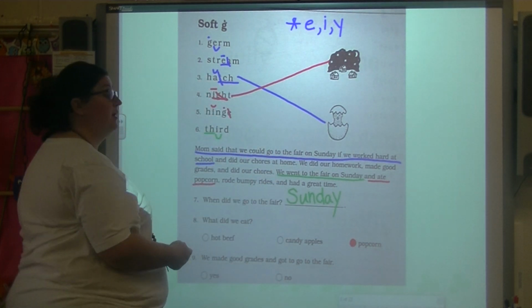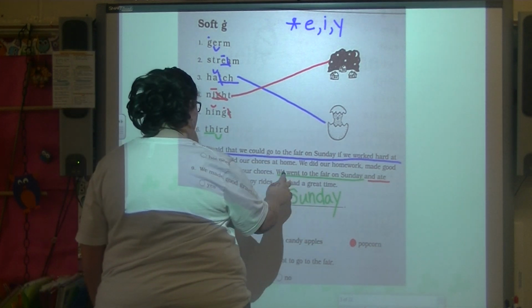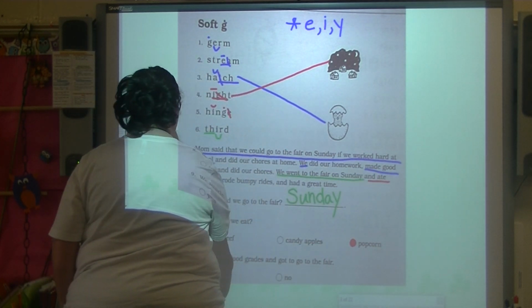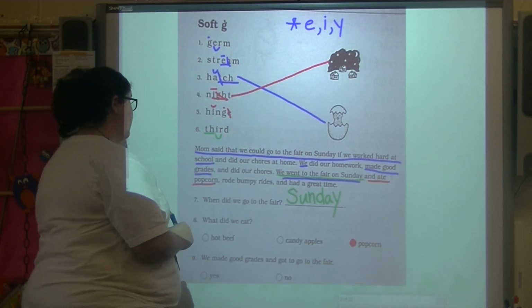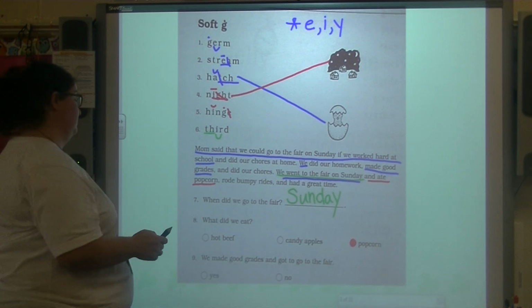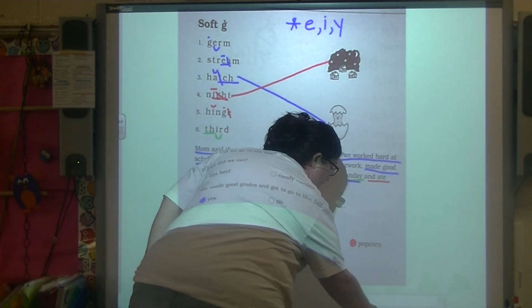She also told them other things they had to do. It says we made good grades. It says we went to the fair. So, did they make good grades and go? Yes, they did. They had to do other things as well, but yes, they were able to go.